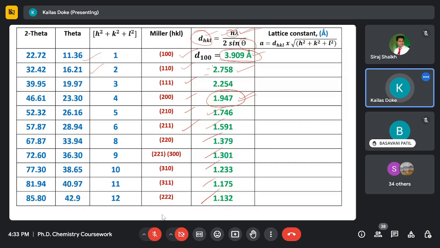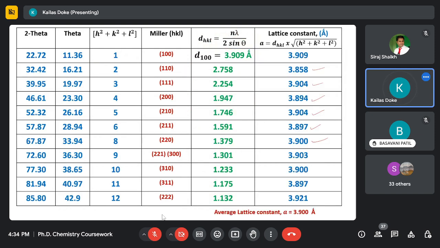Small error is there, within the limit of less than 0.1%, because of taking 2 theta values as average values. So if there is an error in taking 2 theta values, that error comes in the A values also. But all these values are very close. The lattice constant A for all diffracted peaks gives almost the same lattice constant.